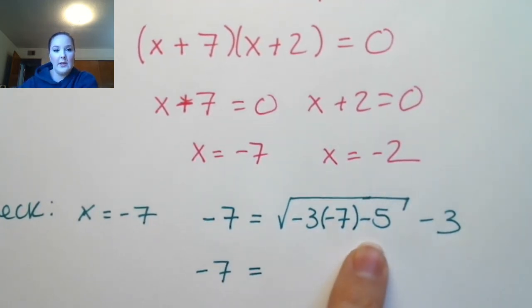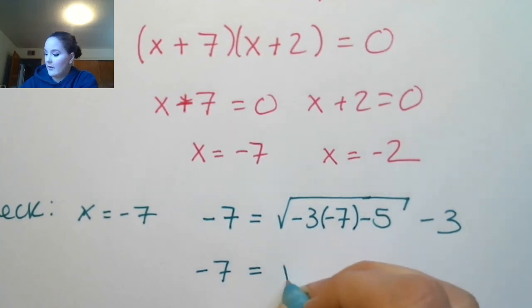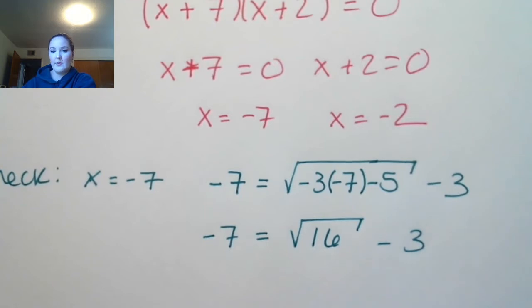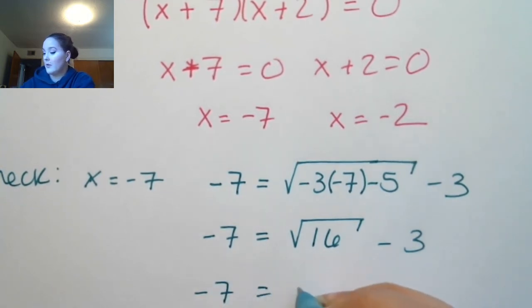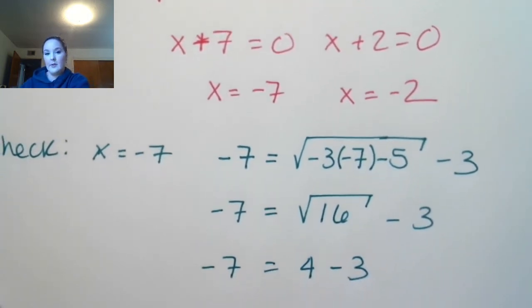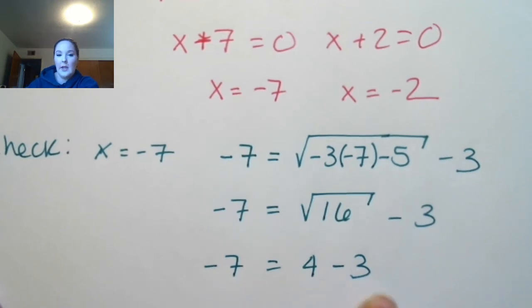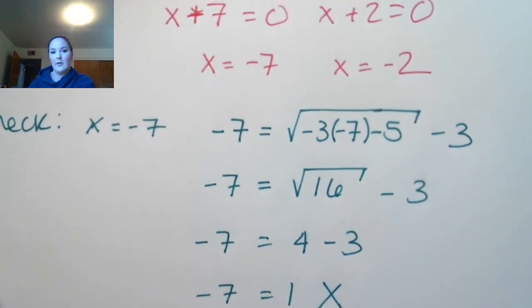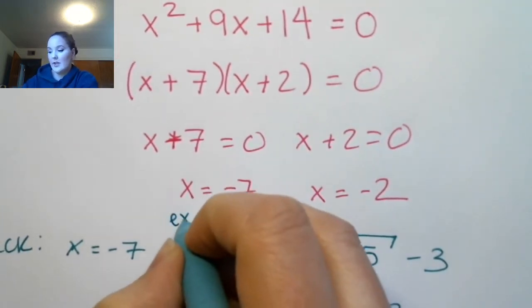Minus 5 is 16. Square root of 16 is 4. And I get -7 equals 1. That's obviously false. So that means that this is extraneous.